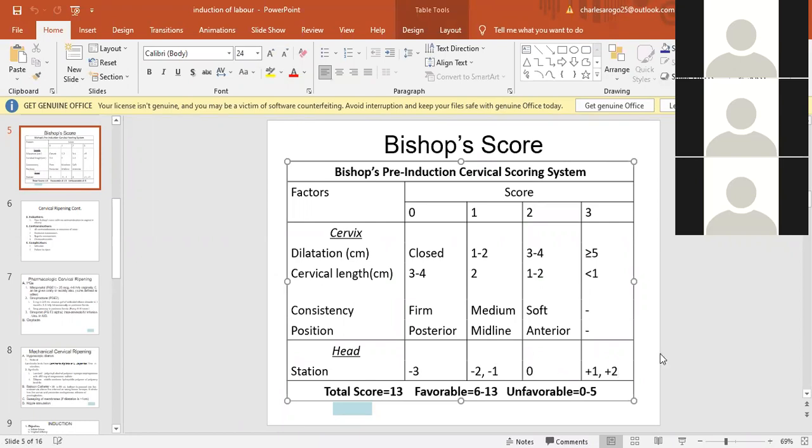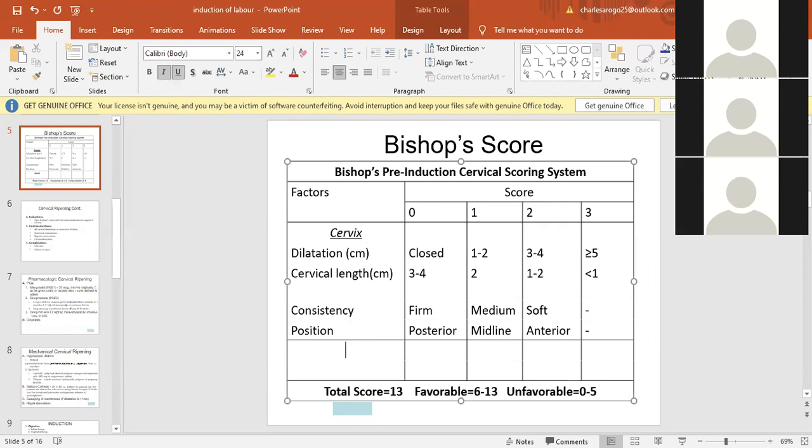And so that is why they had station, because Bishop was doing this work in a Caucasian population. So if you included the station, you would continually score it 0, because the majority of our women, before they go into labor, will not have the head engaged. And that is why it was removed, because it was not adding any value.